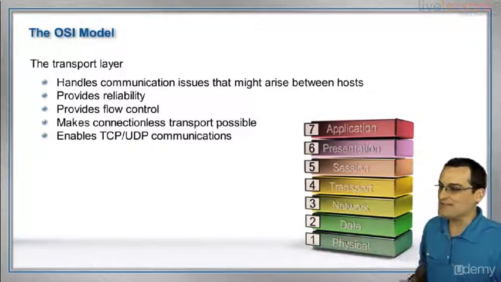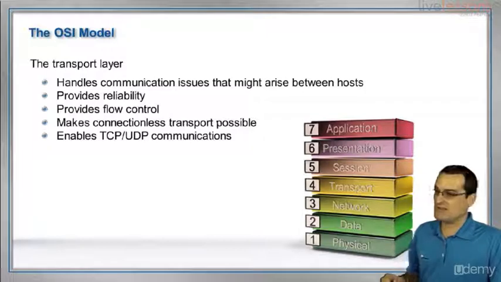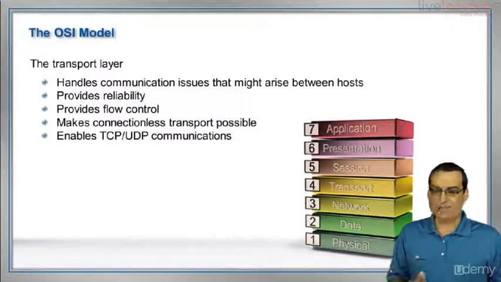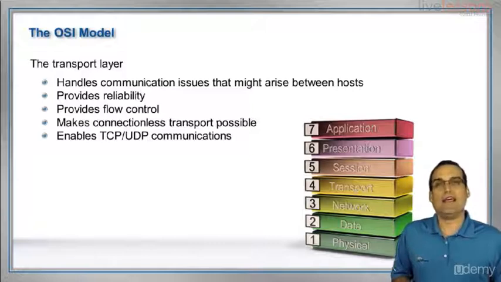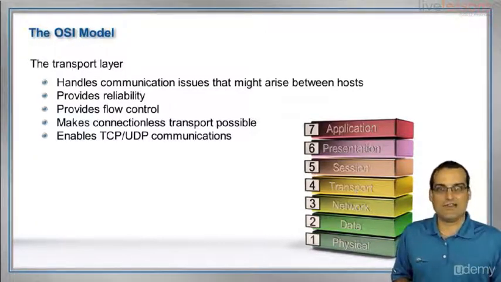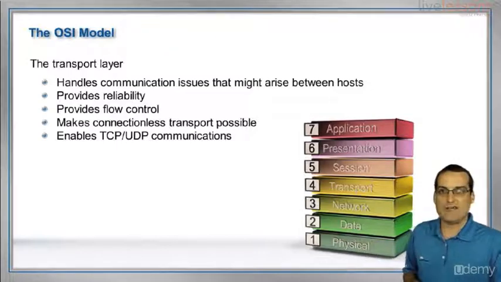But folks, for right now, let's just make sure we're rock solid on the fact that at the transport layer, we do have two major decisions or options. Do we send the data reliably or unreliably? And we have TCP and UDP respectively in order to transport the information in those manners.